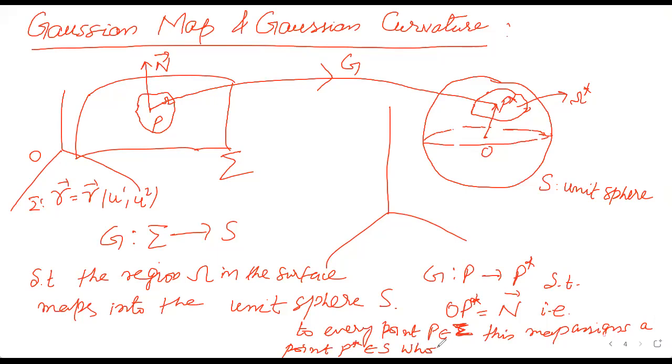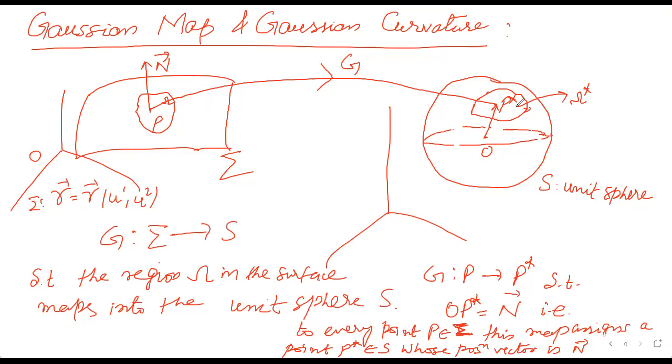What is that? Position vector. Whose position vector is how much? N. What is N? N is the unit normal to the surface.